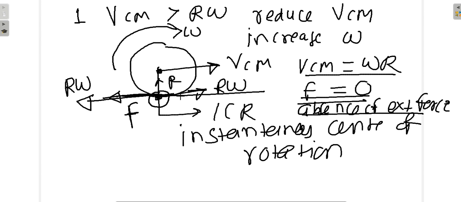That is, you just leave the body on its own, then the force of friction will become zero, and when VCM and r omega become equal, there is no opposition now, and the body will continue to move in a pure rolling state. Okay, now let us see condition number 2.